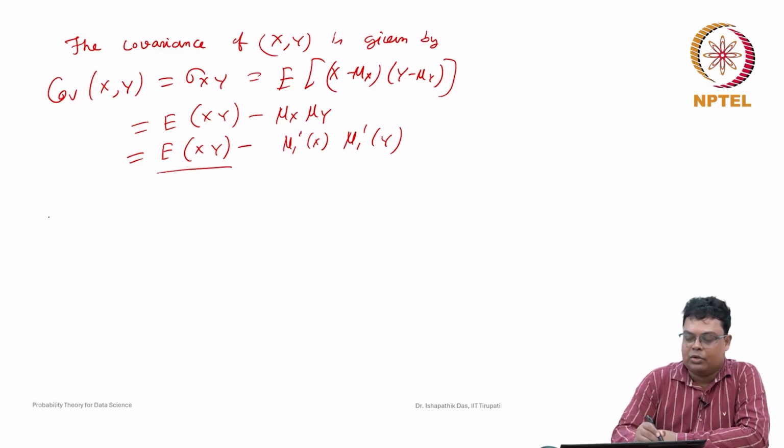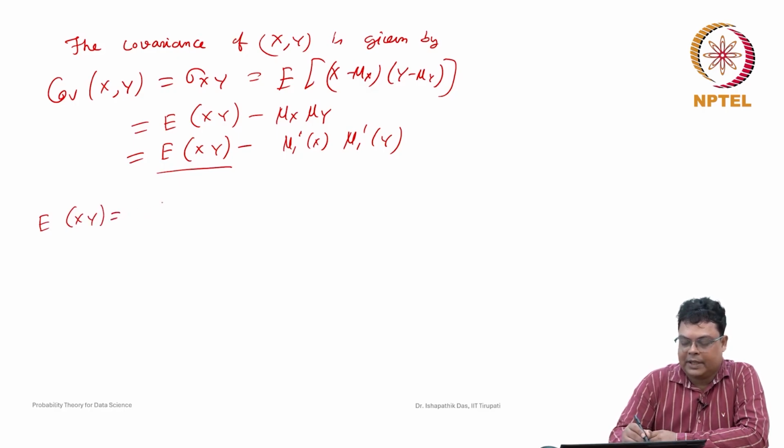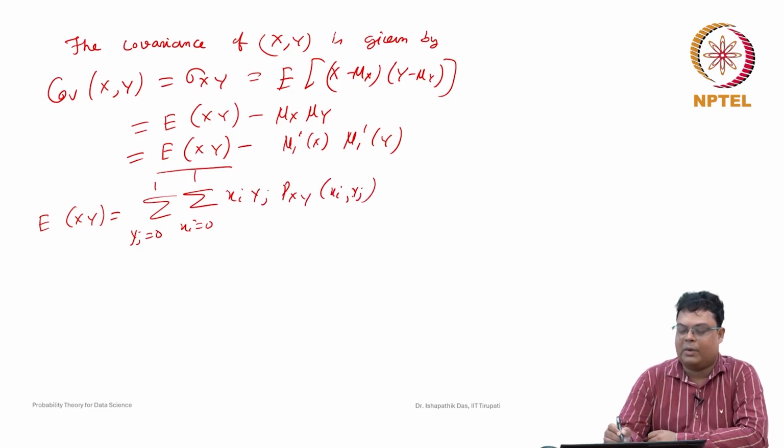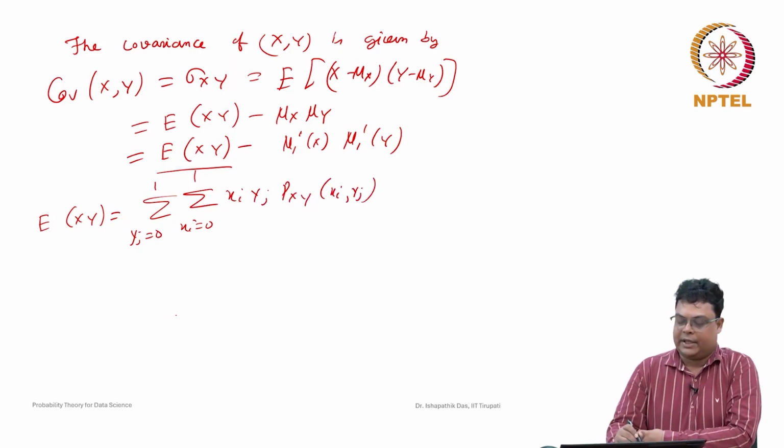So the expected value of xy, by definition, is the summation over xi, which can take 0 and 1, and yj, which can take 0 and 1, of xi yj pxy of xi comma yj.